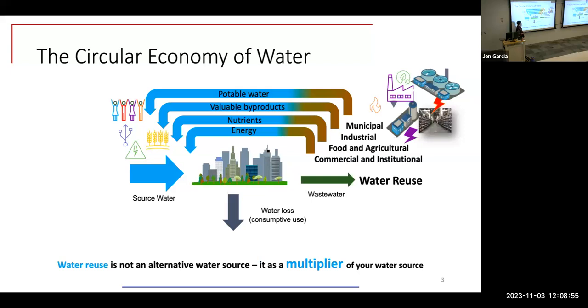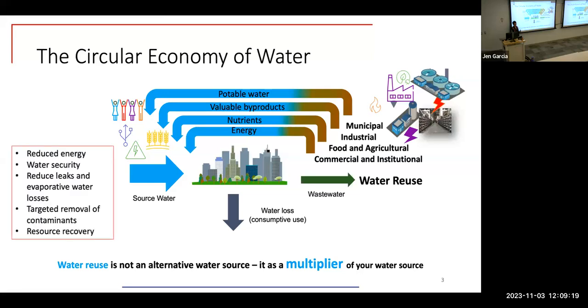And by doing this, not only can we secure our water supply, right? Because we generally know how much people or a city consumes. And if we reuse all of that water on site, we can rely less on alternative or external sources of water. And so we can look at this as really being a multiplier of our water source.